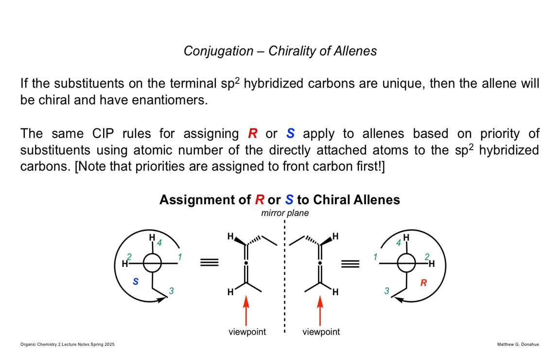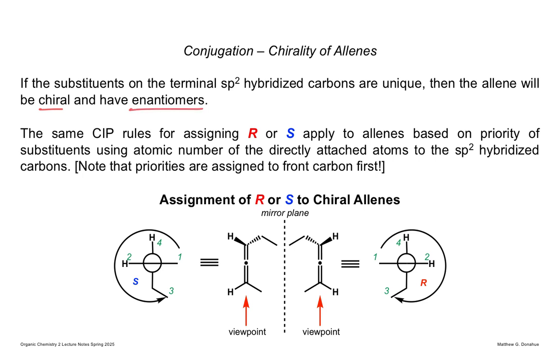And what is interesting about that property is now if you have different substituents on carbons 1 and 3, the allene will be chiral and it can have enantiomers.